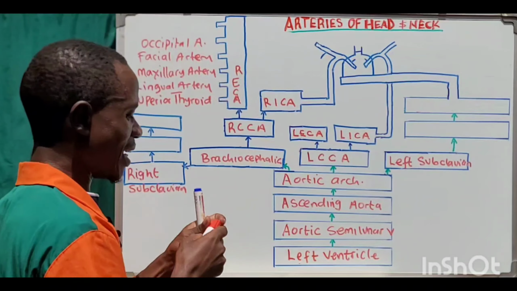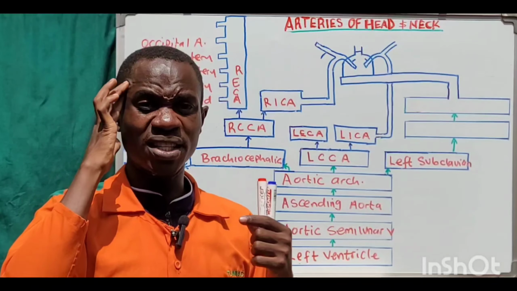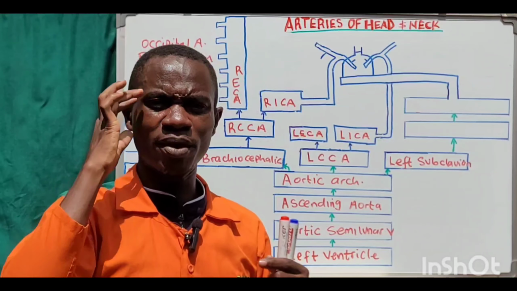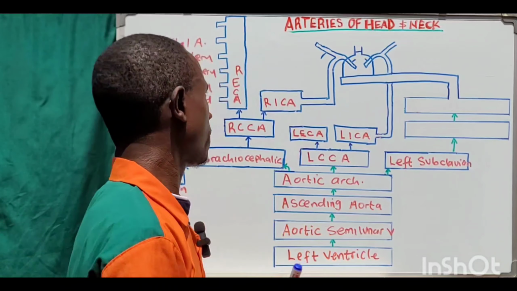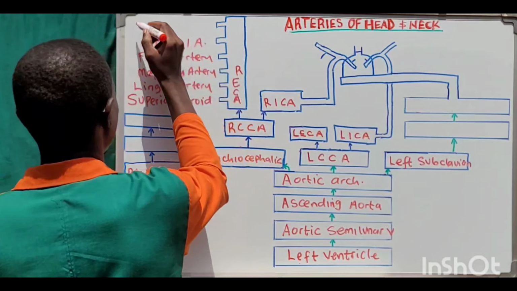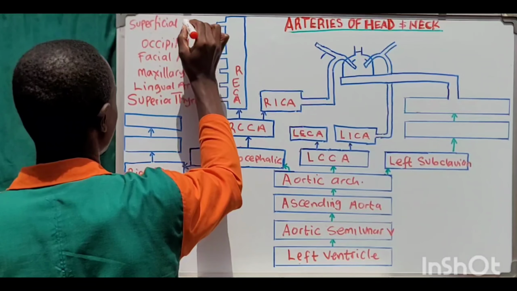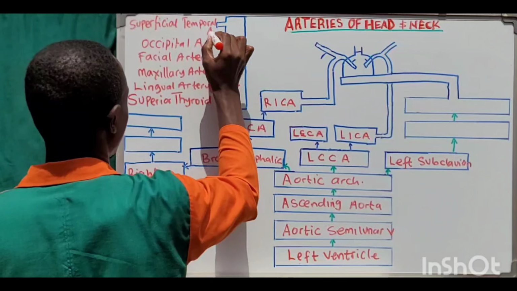And we also have another branch which is going to be supplying the superficial areas of the temporal structure, the muscles in the temporal area, and all other structures within the temporal area. This one is the superficial temporal artery. So this one, the last one, is the superficial temporal artery.